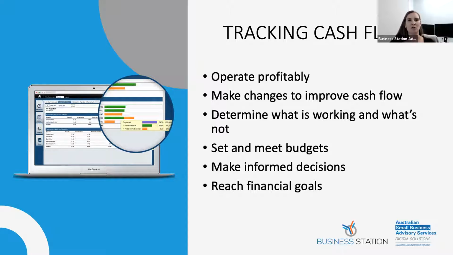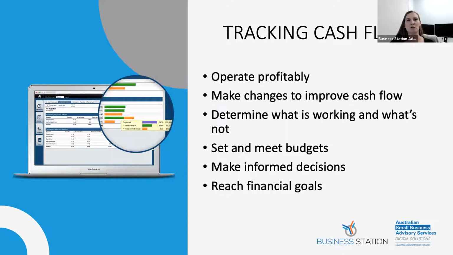So tracking that cash flow will allow you to look at what's working well and what's not working, and at what times of year or times of a month, if you're looking at it on a weekly basis, that there are cash issues. Now, you can set budgets based on what you know you need to achieve at certain times, and then track it to ensure that you're meeting those budgets and getting the cash in that you anticipated you would.